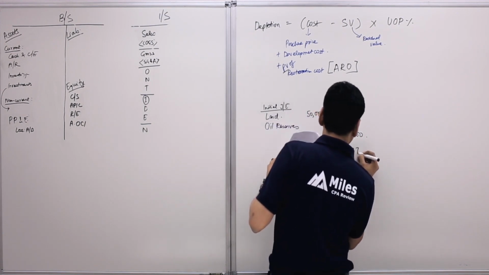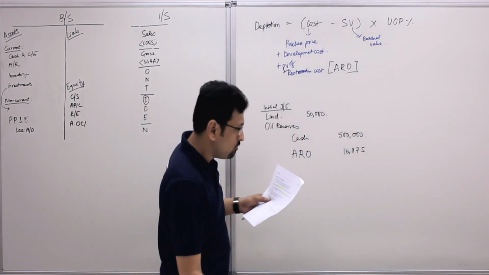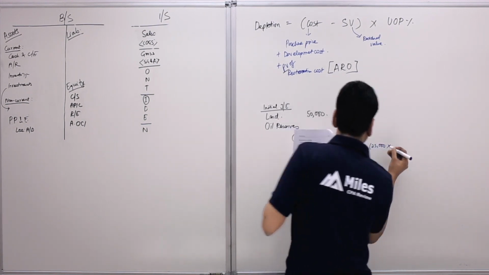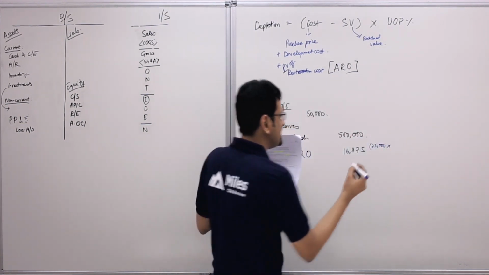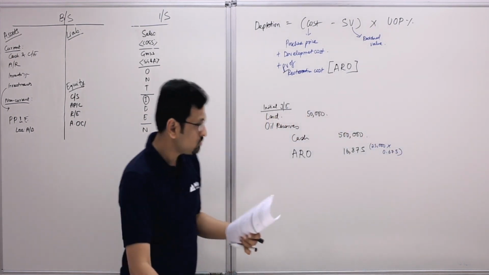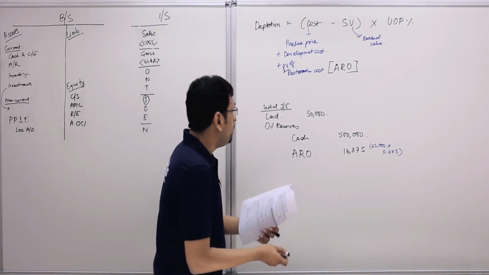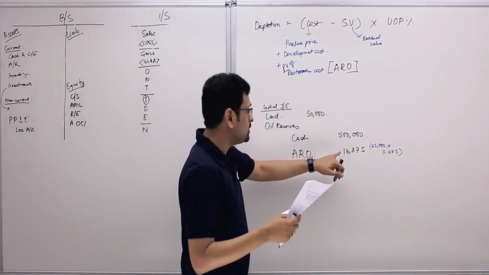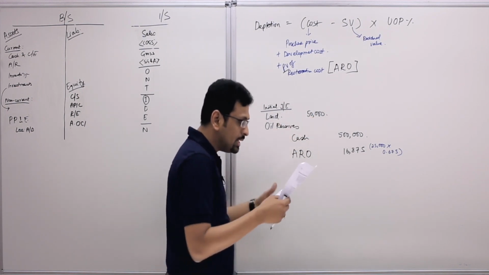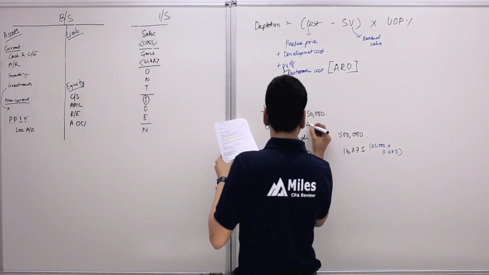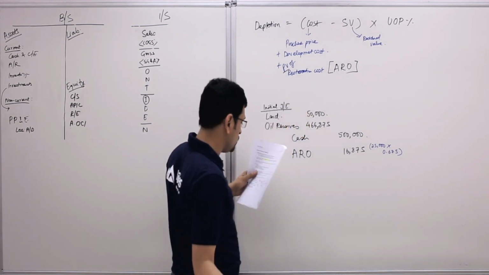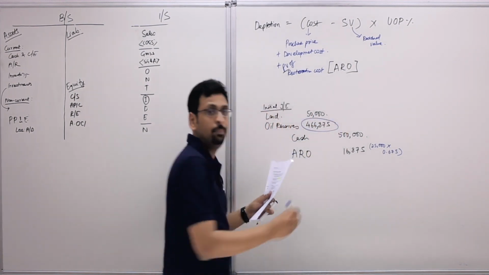So what we've done here is $25,000 times the present value factor 0.675. The plug, so $500,000 plus 16,875 minus $50,000, that is a depletion base of 466,875. So this is your plug for depletion.